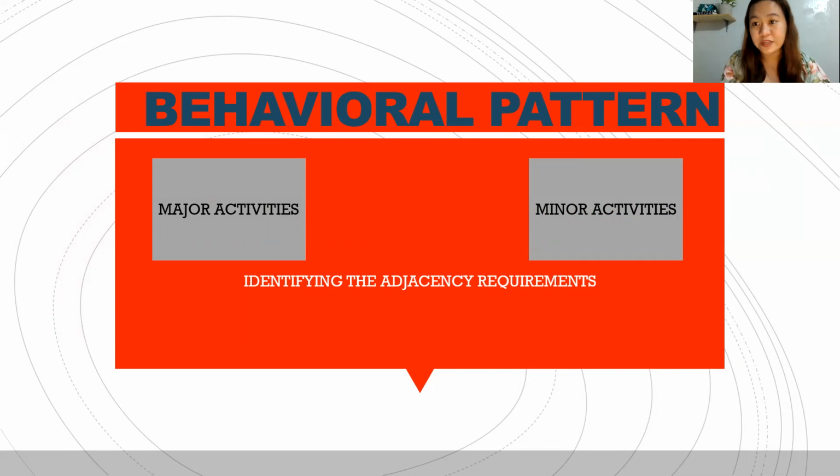We should categorize ano ba yung pinaka-major activities niya at ano yung minor activities niya. Again, if you can remember the functional analysis that we've done last time, example natin yung sa kitchen, we divide it into zones. So we divide it into the major activities bago natin inalam yung mga minor activities. So ganun ang ginagawa natin to identify ano yung mga spaces na dapat adjacent sa isa't isa.